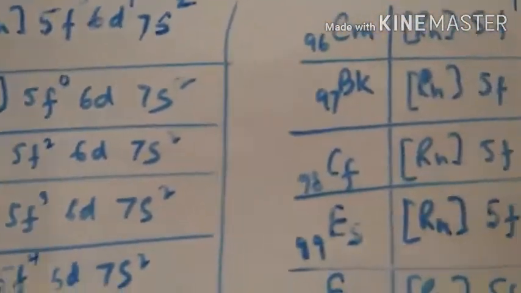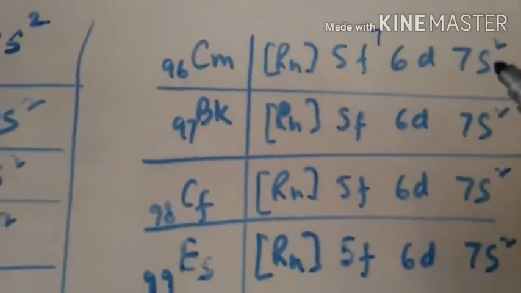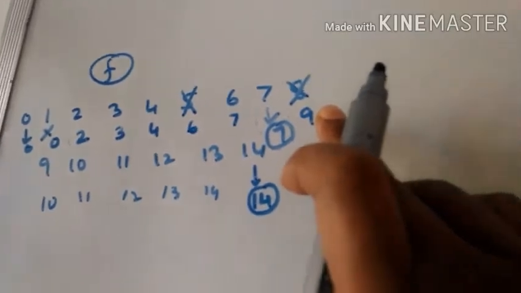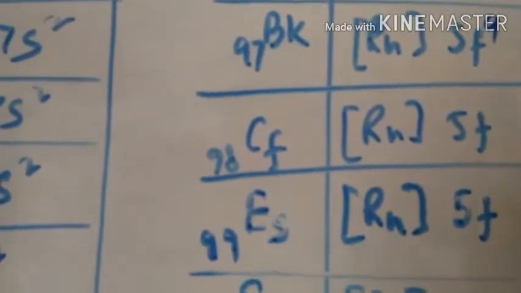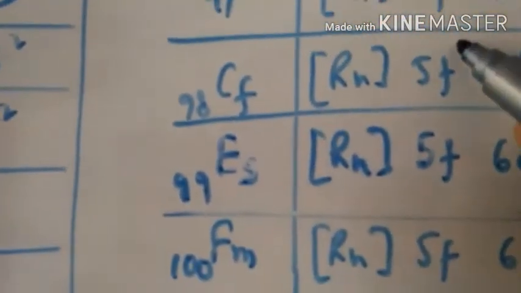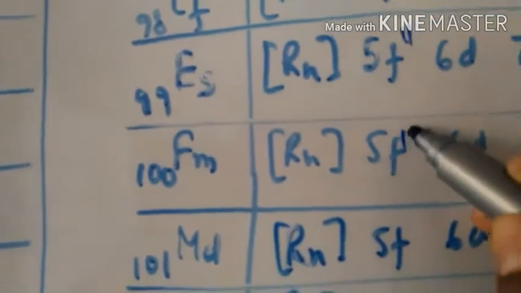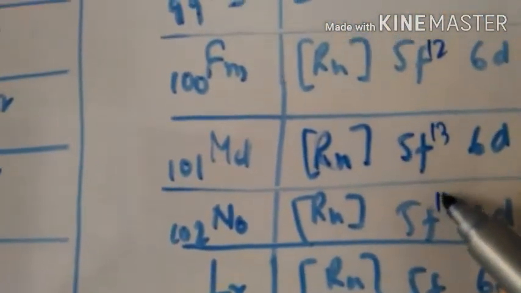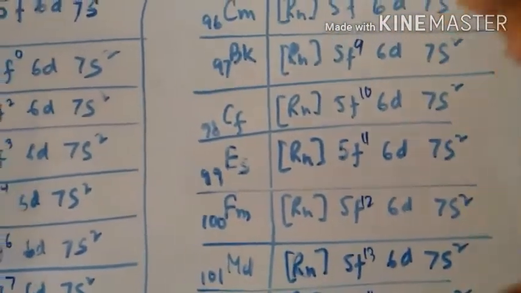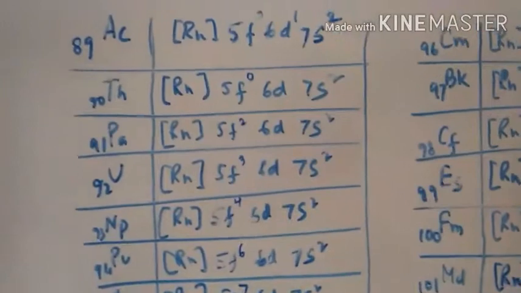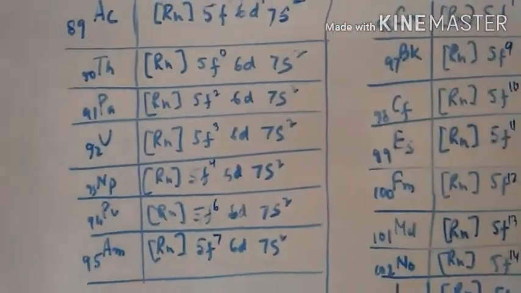Now curium is already 7 electrons, so for berkelium 8 is barred, 8 is not going to come. So for berkelium you can see it is 9, and then starting from here, you can write 10, 11, 12, 13 and 14. From californium to nobelium there will be no problem in the f electrons. So up to this point the f electron configuration is already done.